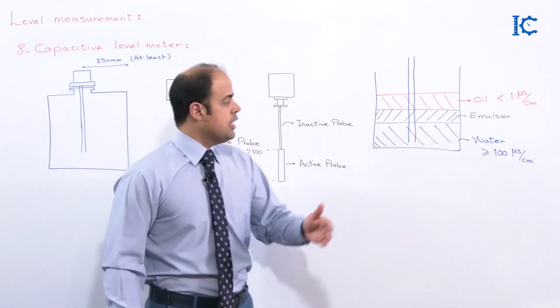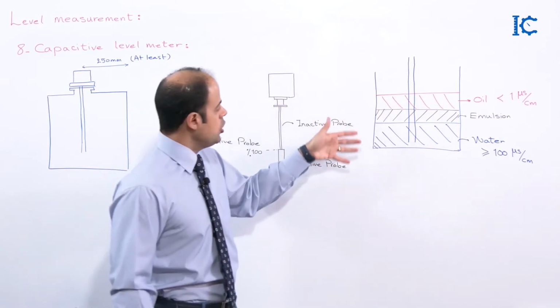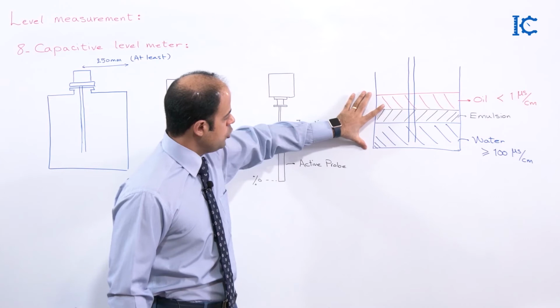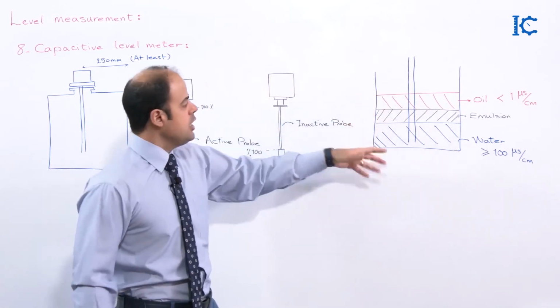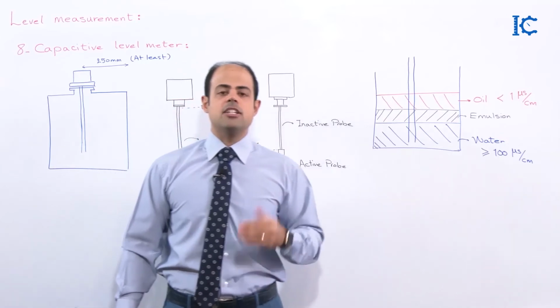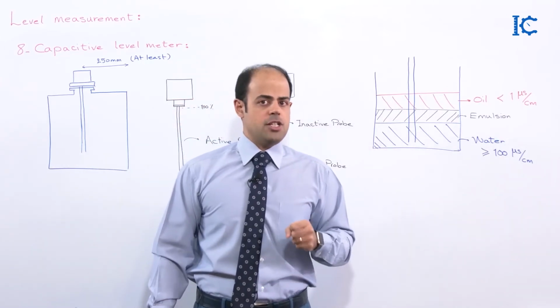But do not forget, when I'm talking about height, I'm talking about the total height. For the total height of the fluid, this technique is acceptable and can measure it accurately and precisely too.